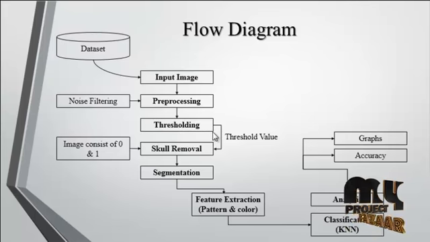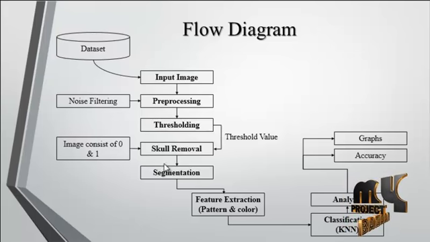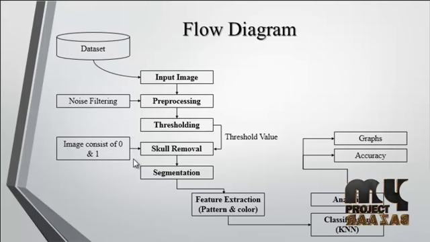Then thresholding is applied to extract a threshold value from the image. Then skull removal is applied to extract the skull regions. Here the image is converted into binary, hence the skull region is eliminated. The ones region represents the brain region and the zeros region represents the background.